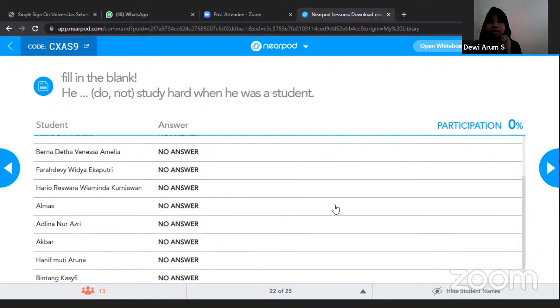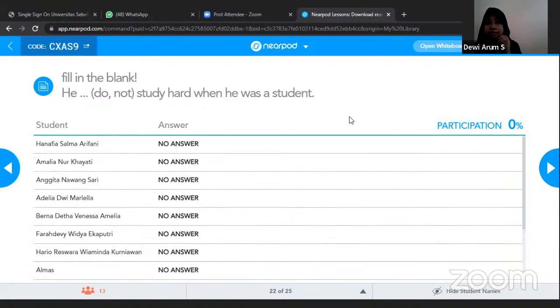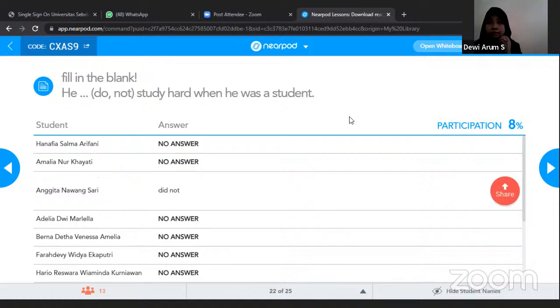Okay, so this is still the fill in the blank session, and you have to fill the blank part with the proper tenses. So it is still about past.